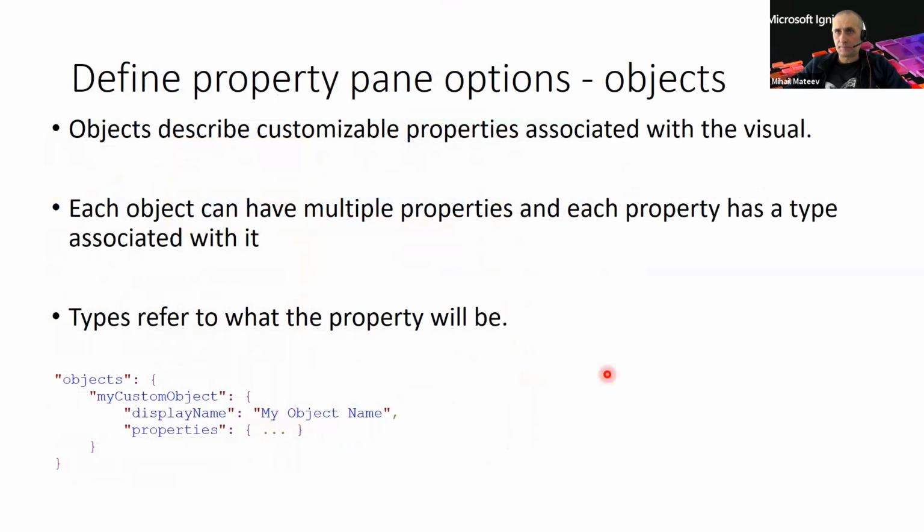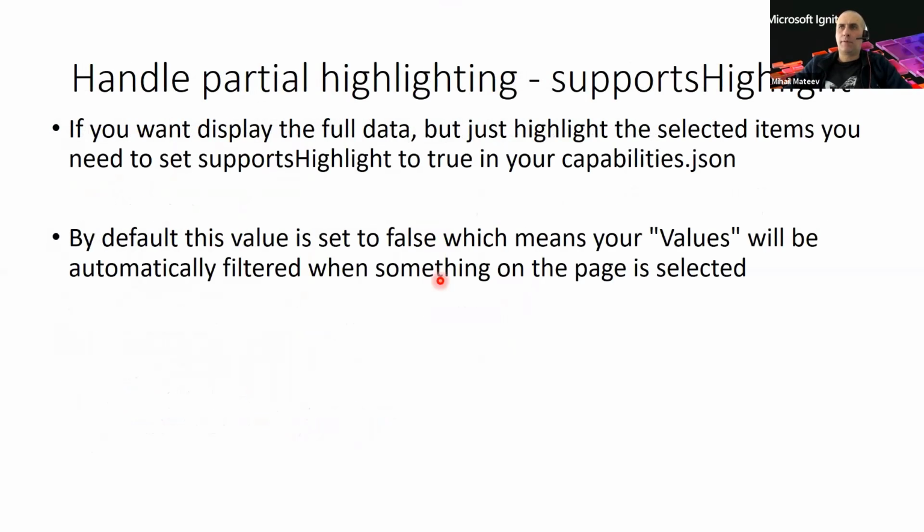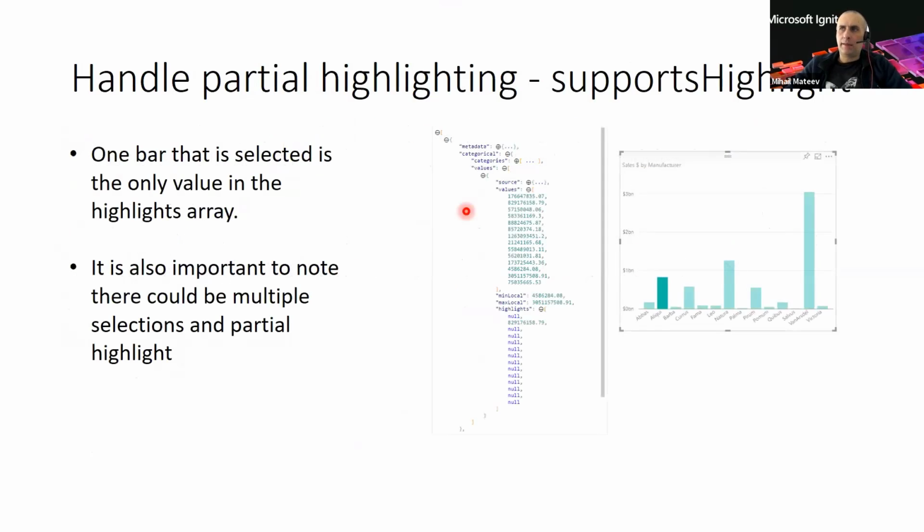And in objects, you have property panel options, which can be, for example, some kind of colors, names, and similar properties. Additionally, partial highlighting is also supported here. So we have some important features which can be set up during the design time.